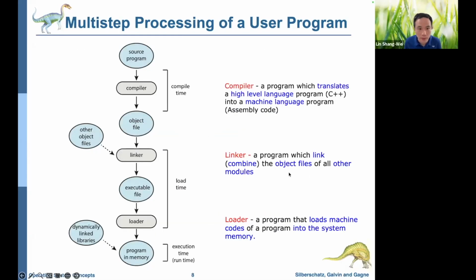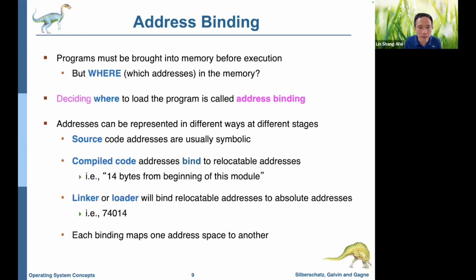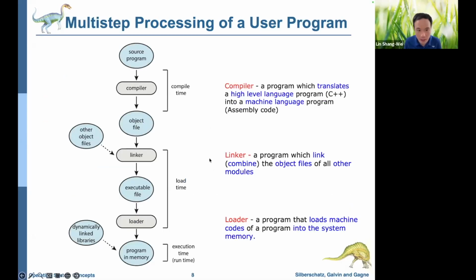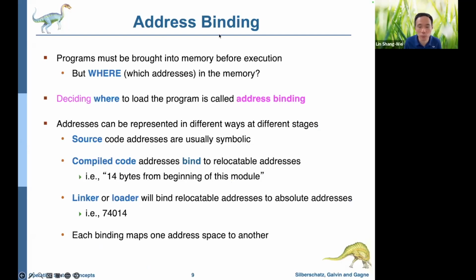After these three phases, I also want to talk about address binding. If you want to run your program, you need to bring your program's executable file into memory before execution. But the question here is where you are going to bring your program in memory.